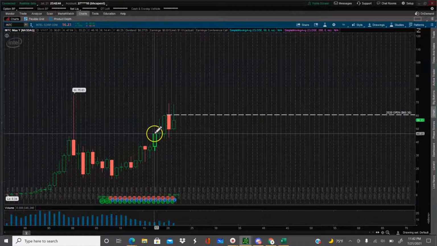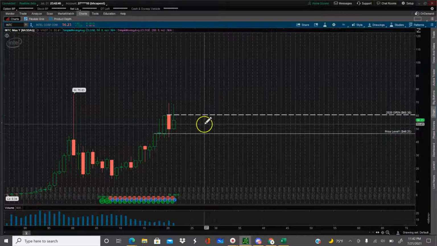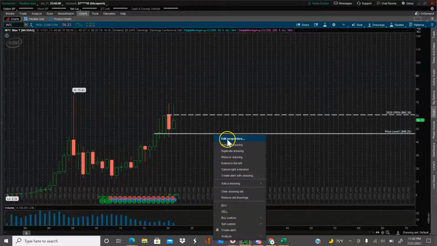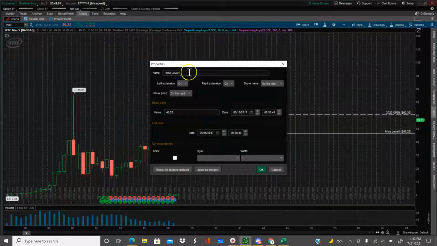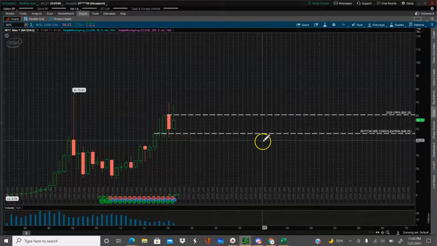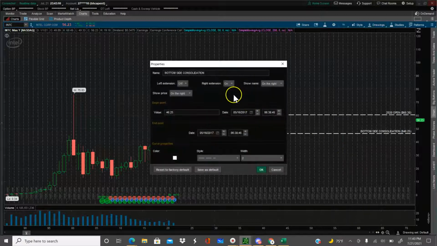So I'm actually going to make a note of this level as well, and I'm going to call this bottom side consolidation. There we go. All right, so bottom side consolidation on the yearly. Actually, I do need to make this yearly. Say this is yearly. There we go.